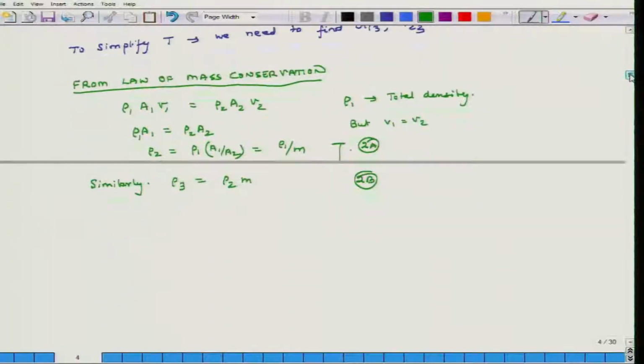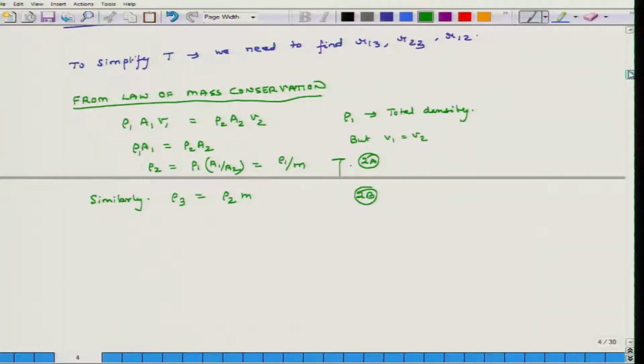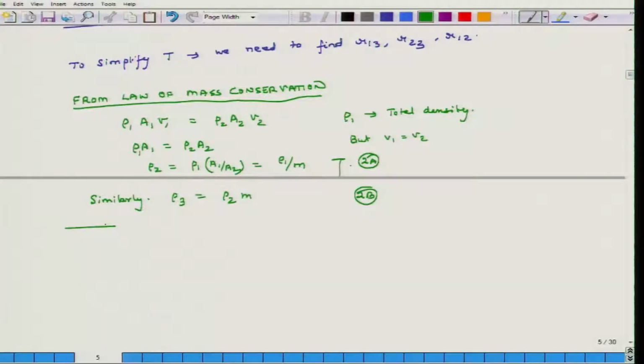So, what we are trying to find out now is the overall pressure of the system in section 1, section 2 and section 3, and that will depend on the isothermal process. So, for an isothermal process we can write P1, which is the total pressure in part 1, times volume is equal to P2 V2, right. So, this gives me P2 is equal to V1 by V2 times P1.